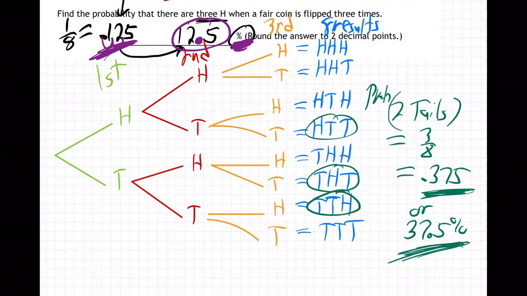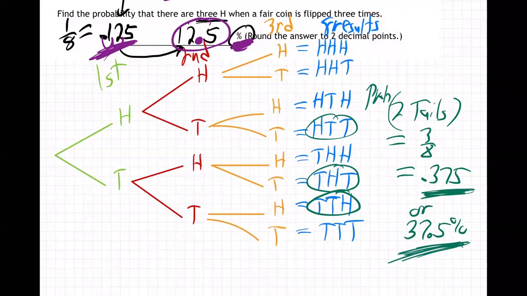Let me see some of the other varieties they give us here. On 22, they could say 1 tail, no tails, 3 tails. So yeah, you just count them.